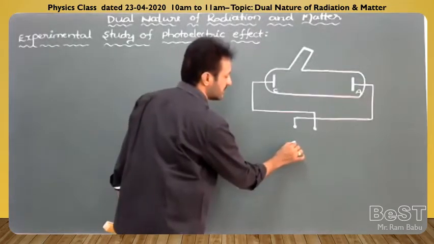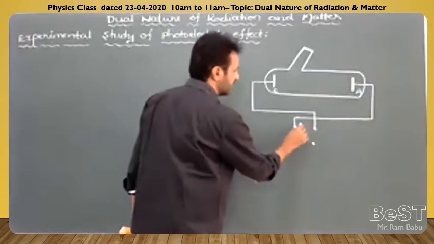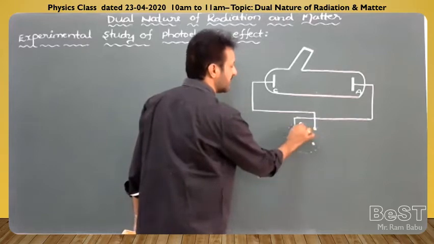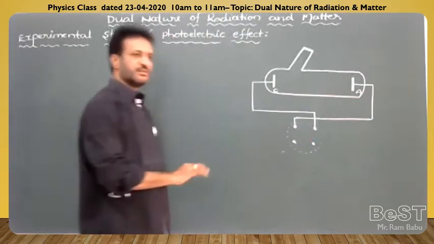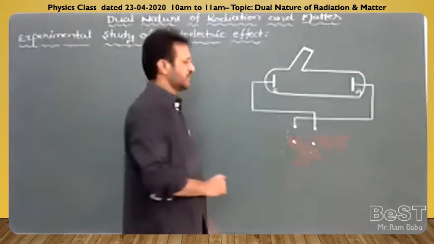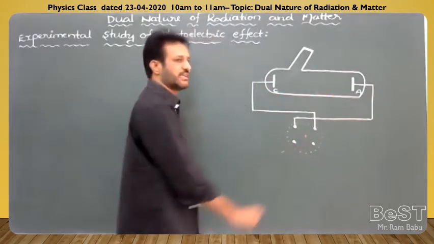So it acts like a commutator. The purpose of this reverse switch is that, with respect to the cathode, we can maintain the potential of the anode positive or negative.